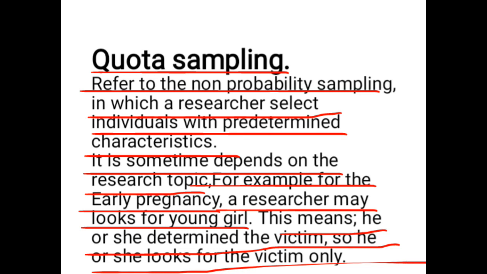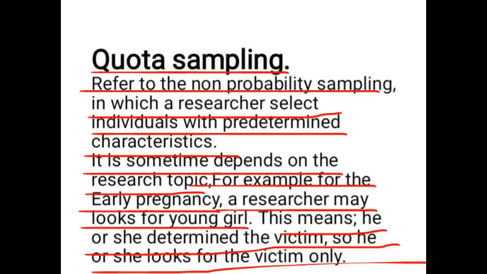So the characteristics of the participants are previously determined before the process of sampling. Under this example, a researcher determined that the victims of early pregnancy are young girls.